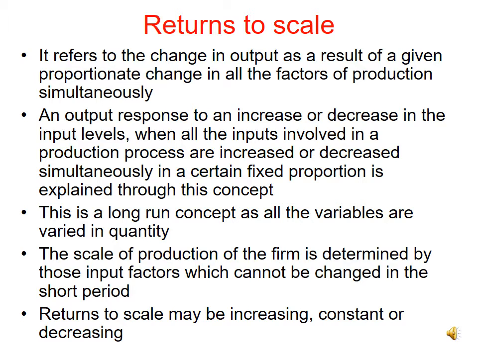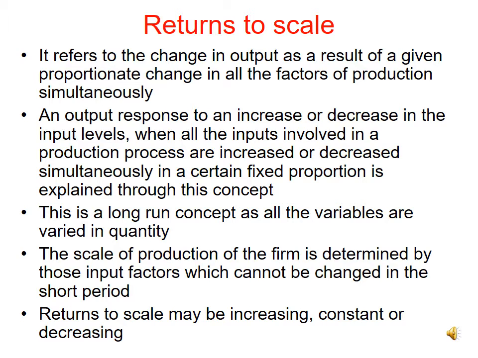The scale of production of the farm is determined by those input factors which cannot be changed in the short period. The variable inputs, for example in an agricultural farm, like seed and fertilizers, are generally altered in the short run. So the scale of production is determined by the fixed inputs, which can be altered only in the long run.